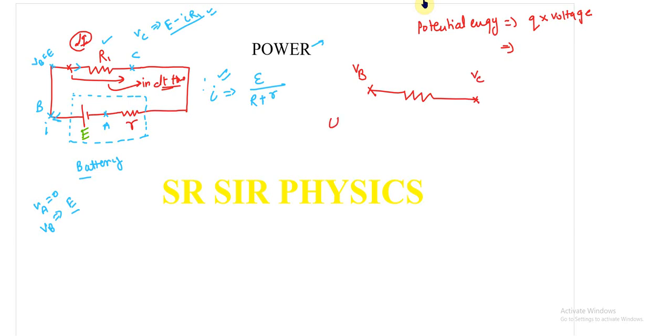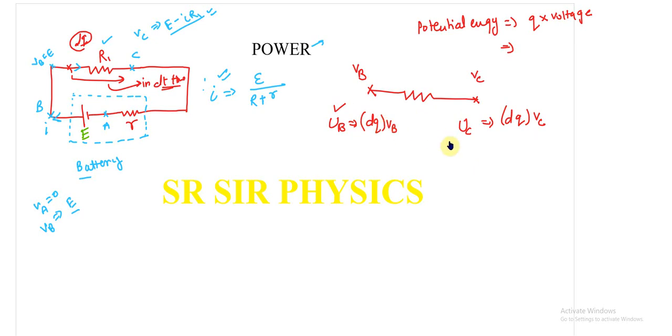The potential energy of the charge dq became dq into VB when it was here, and the potential energy of the same charge became UC when it was at the point where the potential is VC. This charge has traveled from here to here, and it took dt time.